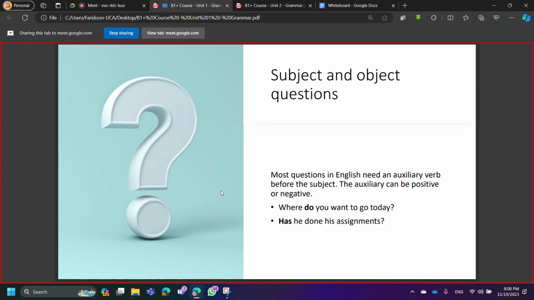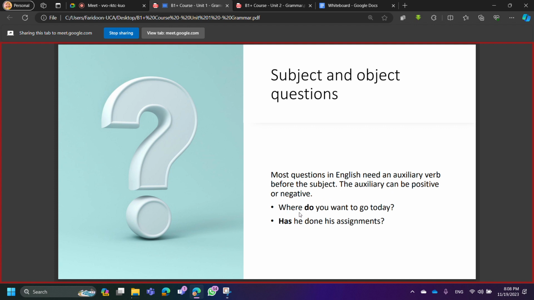So, starting here, guys, subject and object questions. Something that is very common and everybody knows in English is that most questions need an auxiliary verb, or a helping verb as some people call it, and we mostly put it before the subject. The auxiliary verb can be positive or even negative.